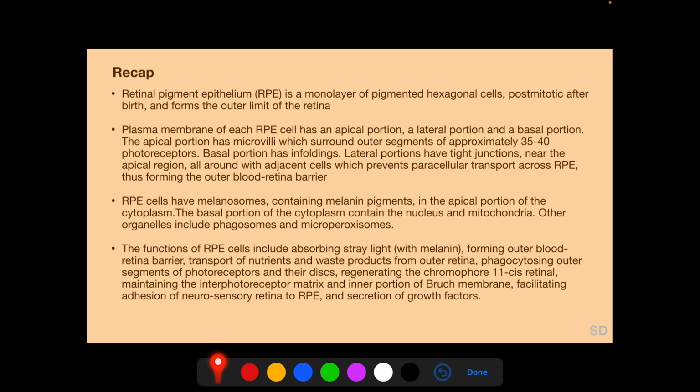The functions of the RPE cell include absorbing stray light with melanin, forming the outer blood retinal barrier, transport of nutrients and waste products to and from the outer retina, phagocytosing outer segments of photoreceptors and their discs, regenerating the chromophore 11-cis retinal, maintaining the interphotoreceptor matrix and the inner portion of the Bruch's membrane, facilitating adhesion of neurosensory retina to the retinal pigment epithelium, and secretion of growth factors.